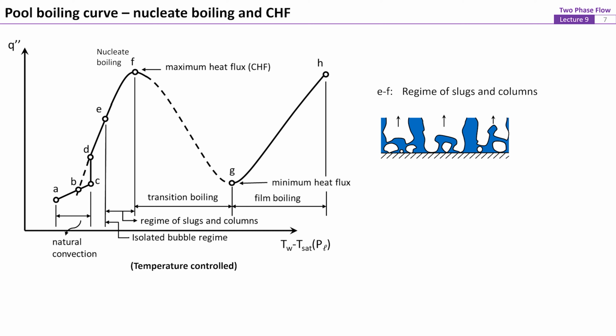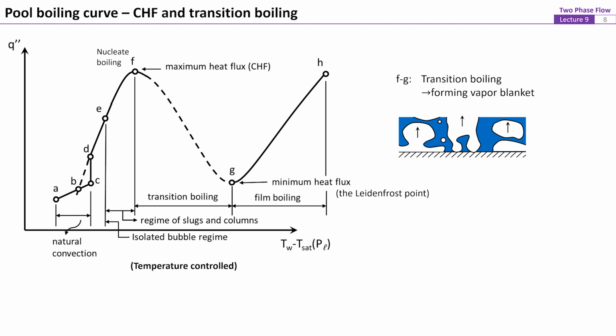Eventually, a large portion of the solid surface is covered by vapor columns, and the heat flux from the hot surface reaches its maximum point, which is called the maximum heat flux, or the critical heat flux. If the surface temperature is further increased beyond this critical heat flux point, the transition between nucleate boiling and film boiling could be observed. The portion between F and G on the boiling curve represents this transition regime.